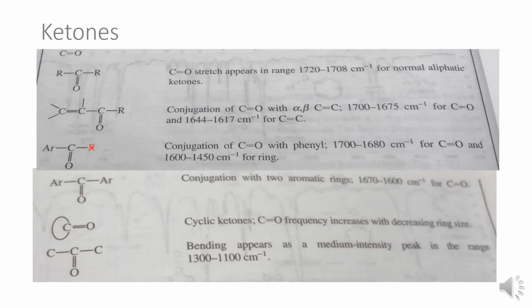This band is shifted to lower frequencies with conjugation to a C=C or a phenyl group. An alpha halogen atom will shift the carbonyl frequency to a higher value. Ring strain moves the absorption to a higher frequency in the case of cyclic ketones.